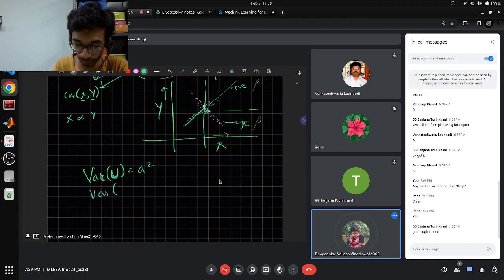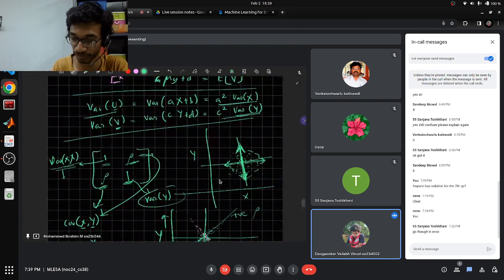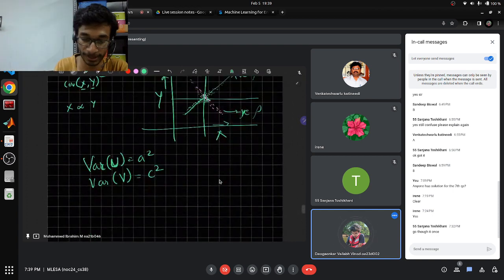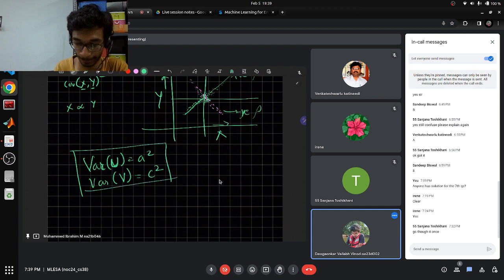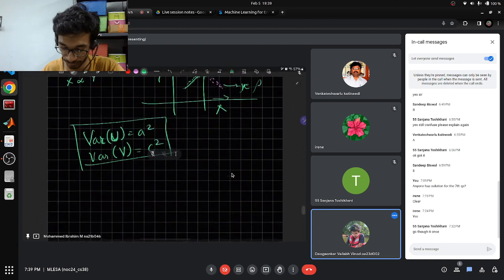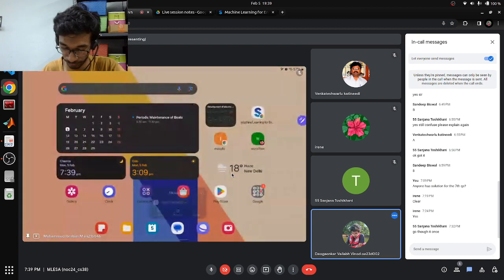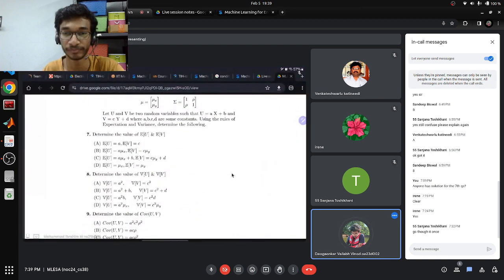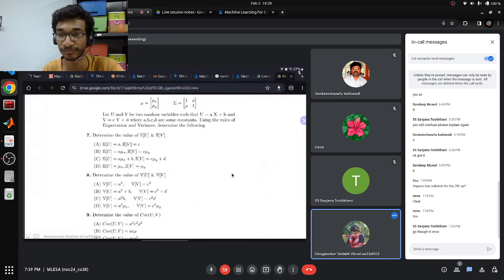And the variance of v is just c square, because it is c square times the variance of y, which is also given to be 1. Those are the two questions that we have. So the answer would be A in this question.